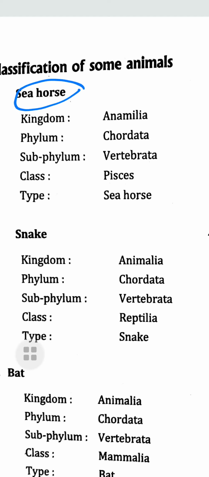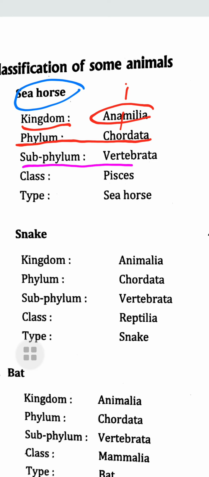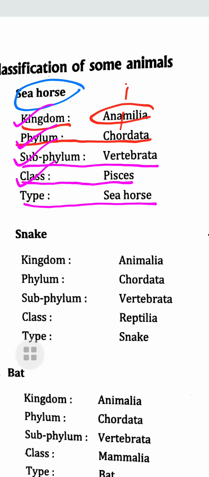Kingdom is Animalia, A-N-I-M-A-L-I-A. Phylum Chordata, subphylum Vertebrata, class Pisces, type Seahorse. So what is given here? Kingdom, phylum, subphylum, class and type.